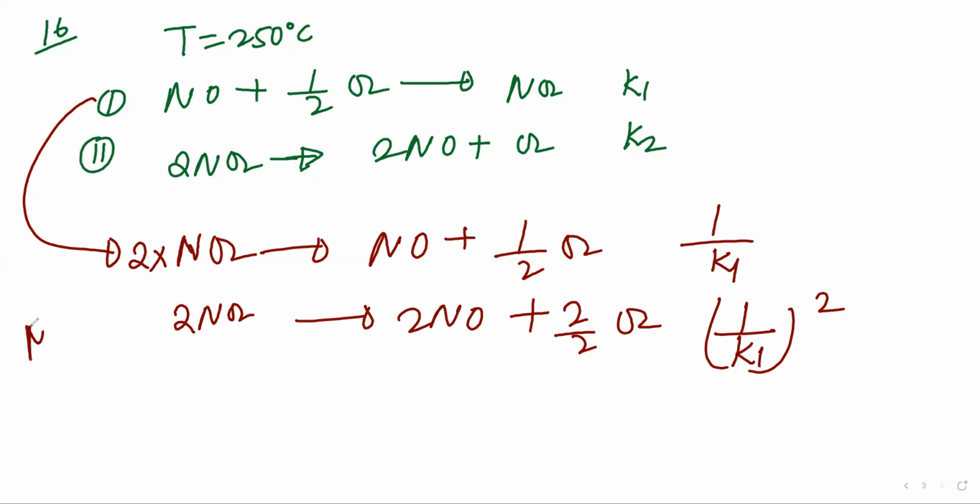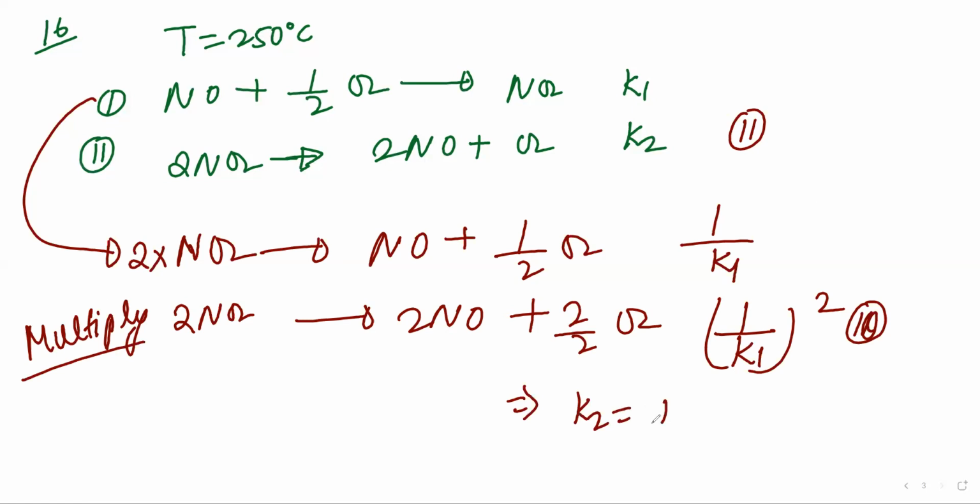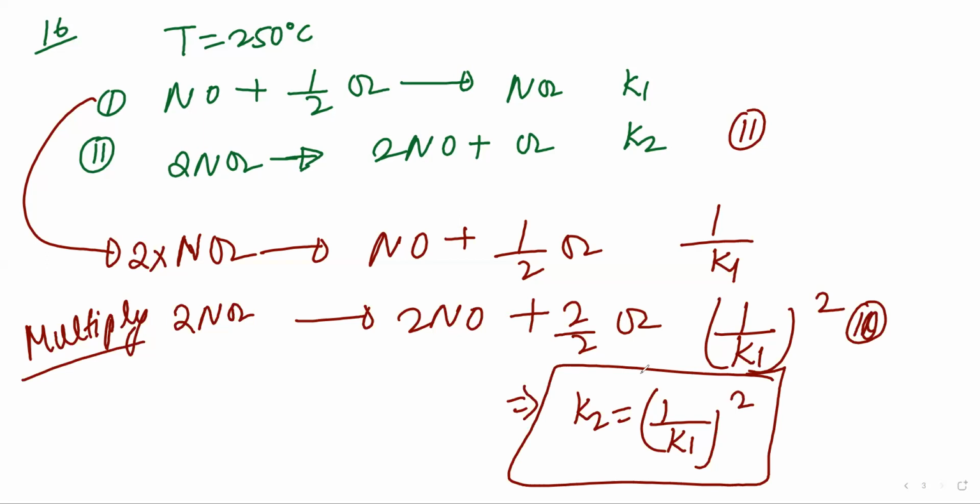After multiplying by 2, the equilibrium constant is squared, right? Now see the relation between these two. They are equal. K2 is equal to (1 upon K1) whole squared. So this will be the answer for that. So please write that one.